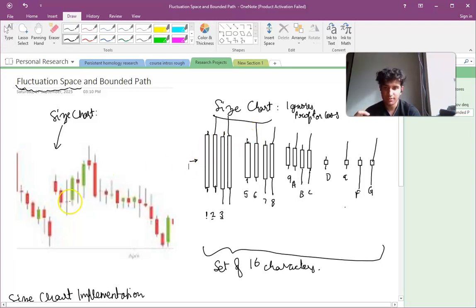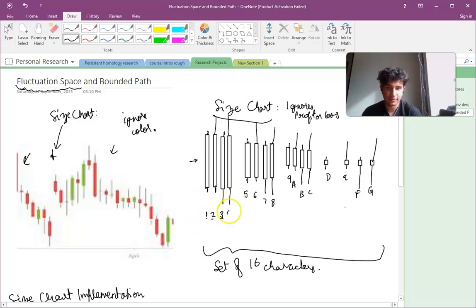So we take all of these candles over here, and then we ignore the color, and with that we chuck them into some sort of set where we first classify them based on size.